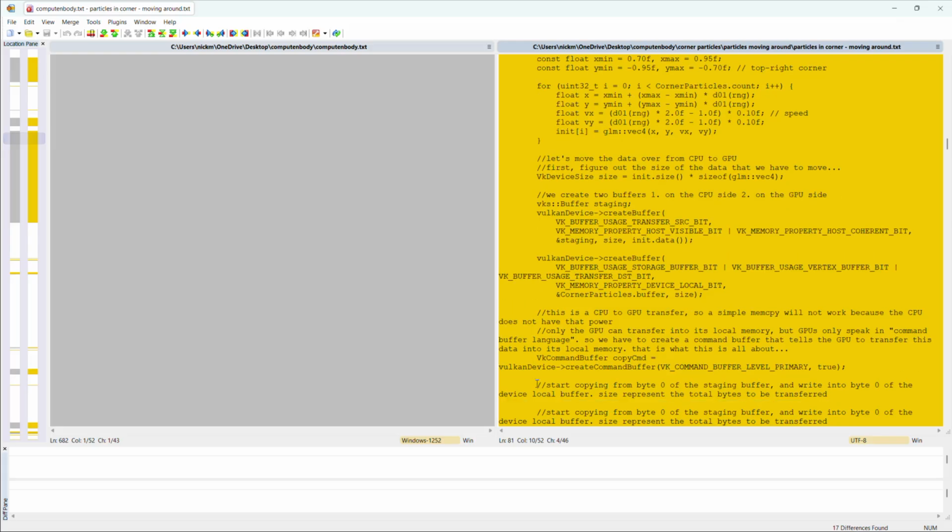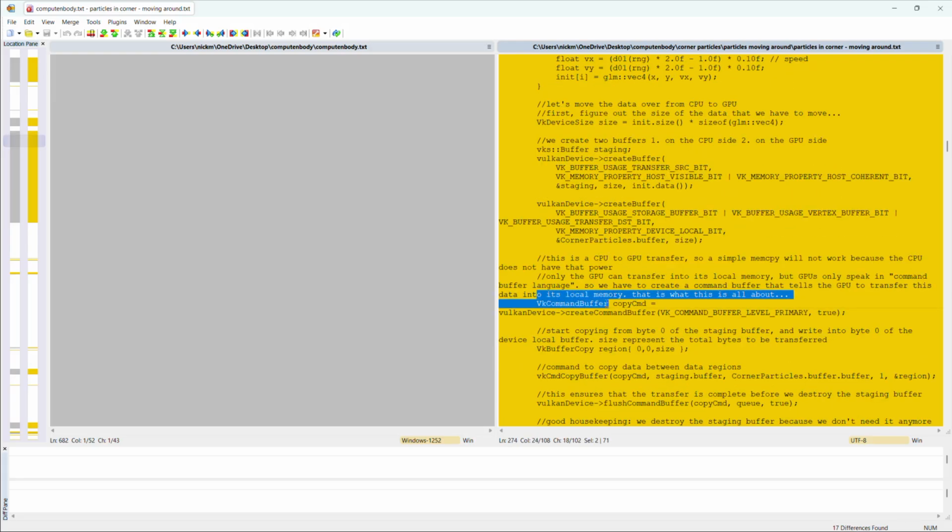So here we create a mini command buffer to actually do the transfer from CPU to GPU, right? Again, GPUs only speak in command buffer language. So start copying from byte 0 of the staging buffer and write into byte 0 of the device local memory. Size represents the total bytes to be transferred, right? So 0, 0, size, right?